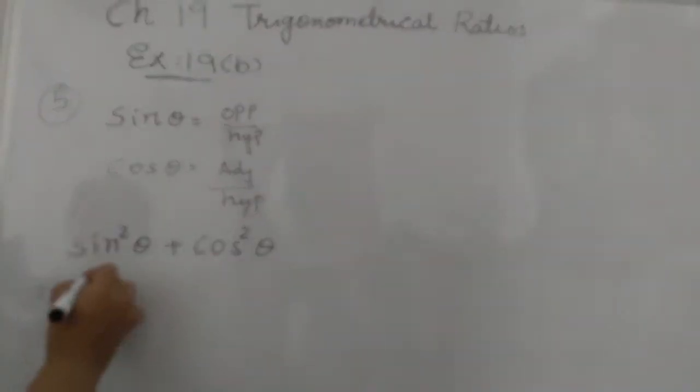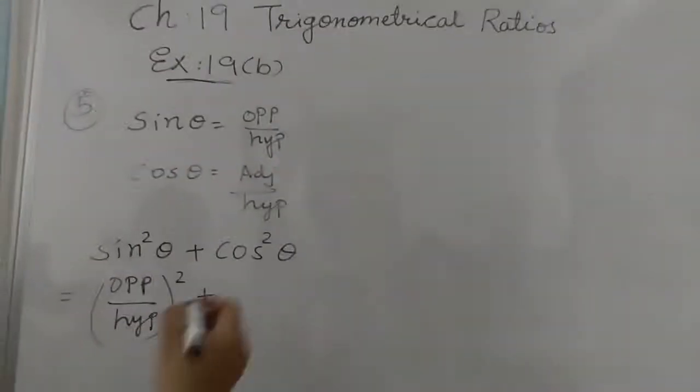Now I take the square of this, opposite upon hypotenuse whole square, plus cos means adjacent upon hypotenuse whole square.